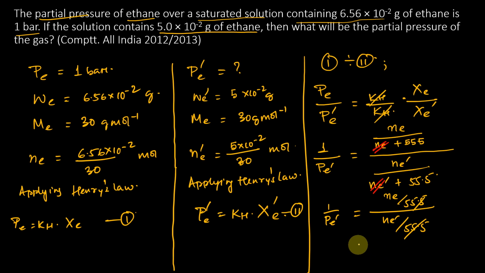ठीक है, तो अभी हम लोग NE और NE dash की values बिठा देते हैं. What were the values of NE and NE dash? So okay, we have to find PE dash, no? So इसके लिए क्या निकलेंगे, NE dash divided by NE. What was the value of NE dash?